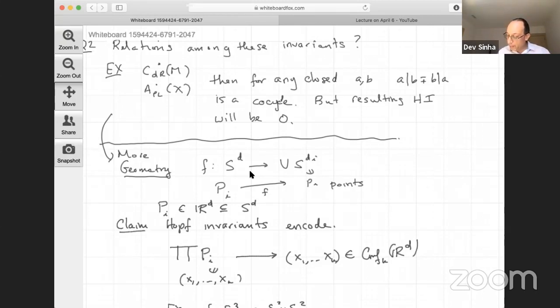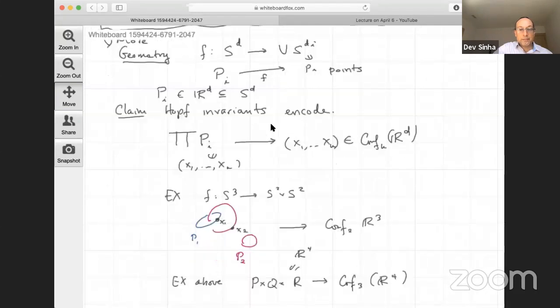Similarly, in my first example above, I have P cross Q cross R. These are all inside R^4, and if I take a point on each, that gives me a configuration of 3 points in R^4.